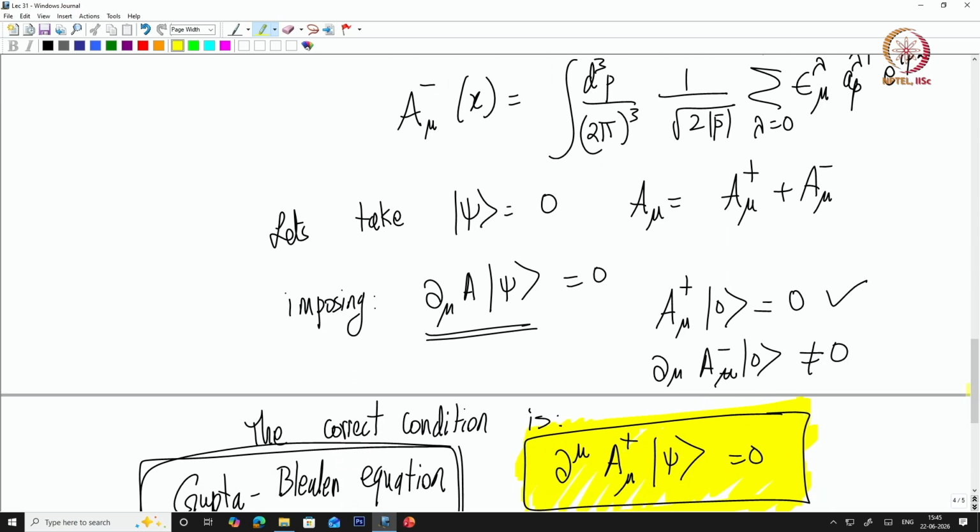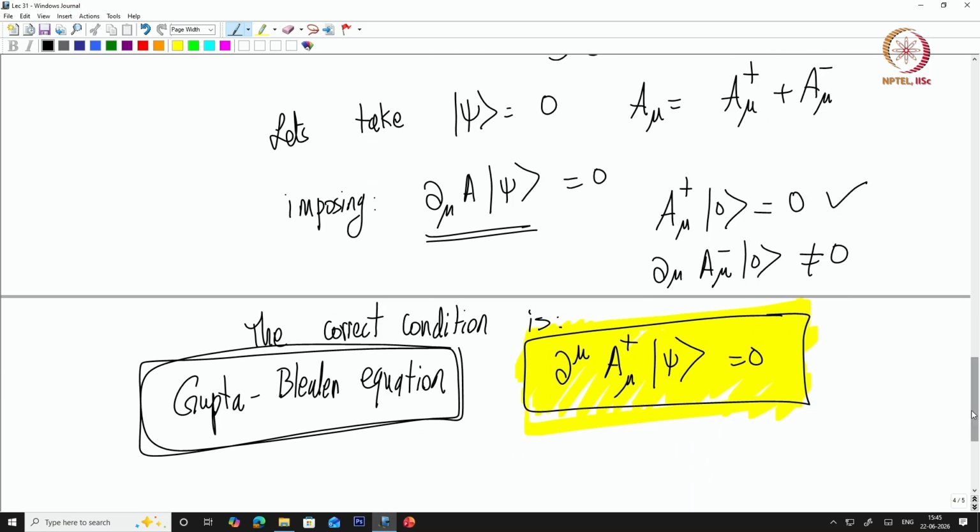But if you have the creation operator, that will not satisfy this condition. If you look at the creation operator, the derivative of this will give me P of the state essentially, which is not equal to 0. It creates a state with a definite P. So, the correct condition is that acting on every state, the derivative of the annihilation operator should go to 0, and only such states are preserved essentially.